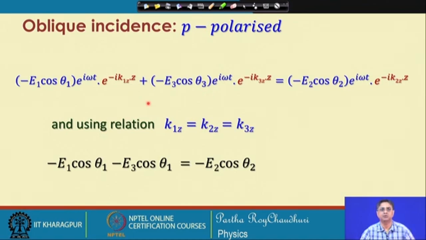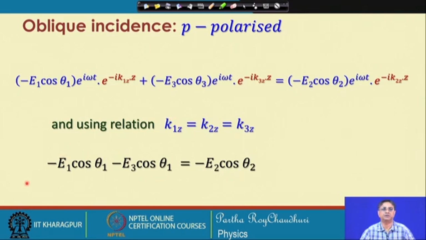Therefore, we will also use the relation that k_1z, k_2z and k_3z are all equal. They are the z component, the tangential component, of the propagation vector. So, you can also eliminate these phase terms.